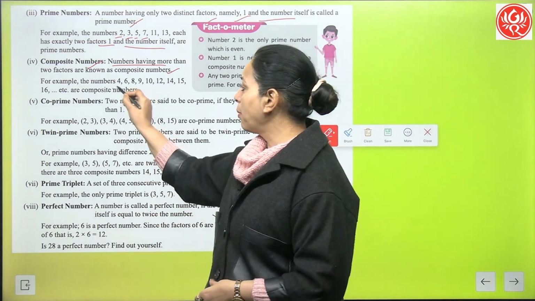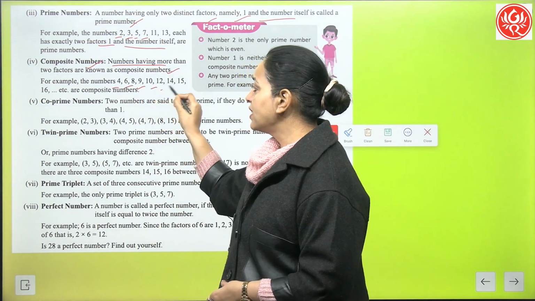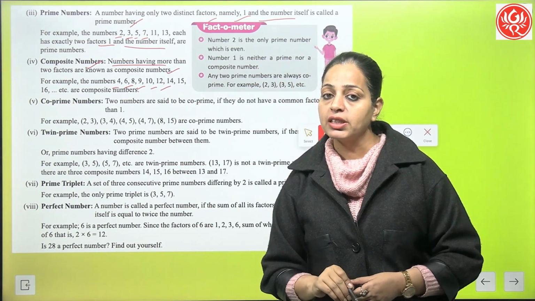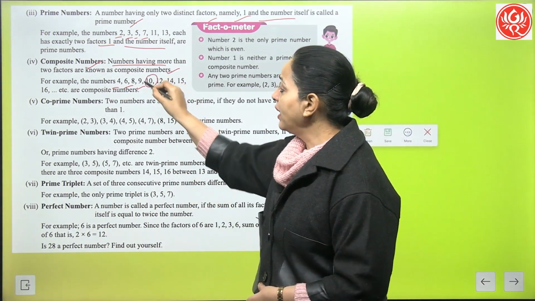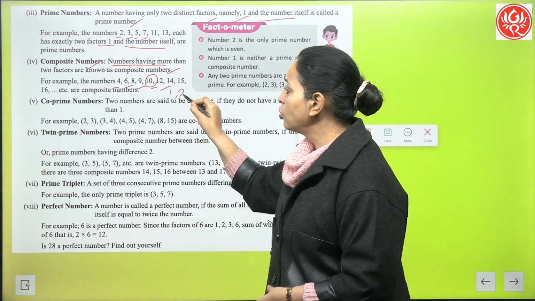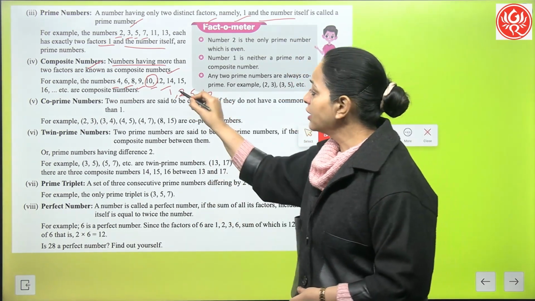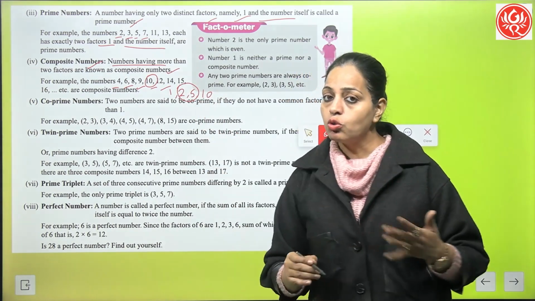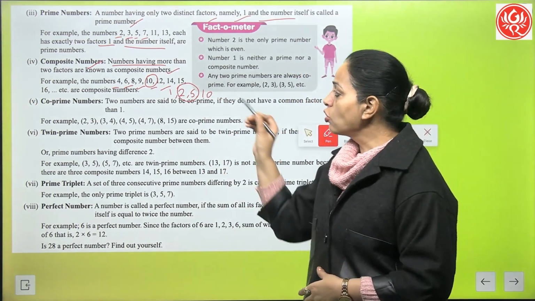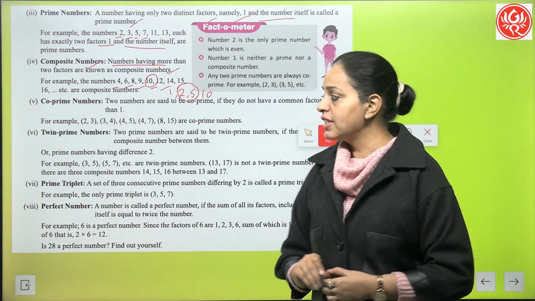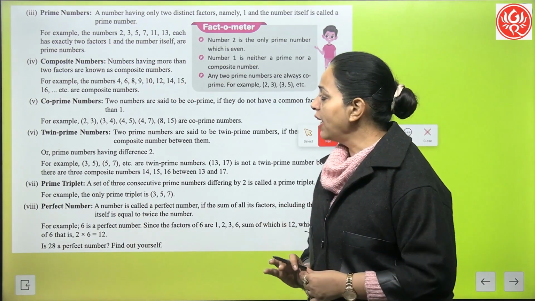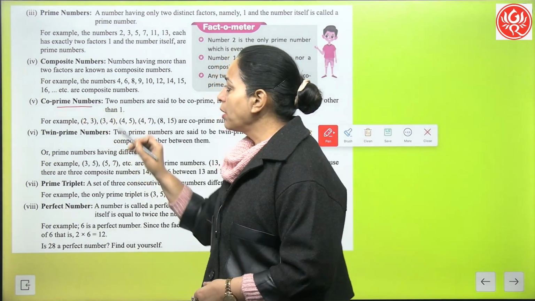For example, the numbers 4, 6, 8, 9, 10 all are composite numbers. Like 10. 10 is divisible by 1, 2, 5 and 10. So it has 2 more factors, 2 and 5. So this is a composite number. Okay. Now the next is co-prime numbers.